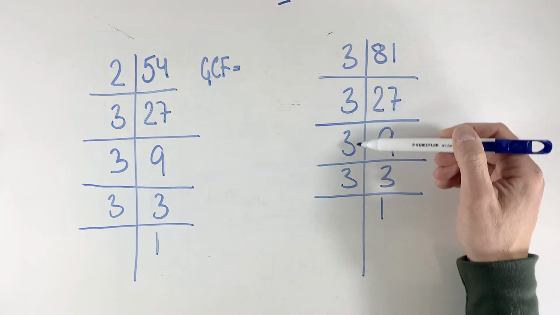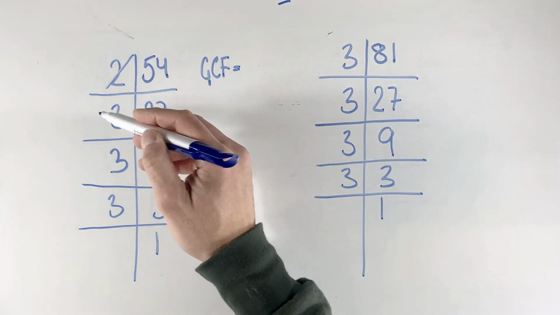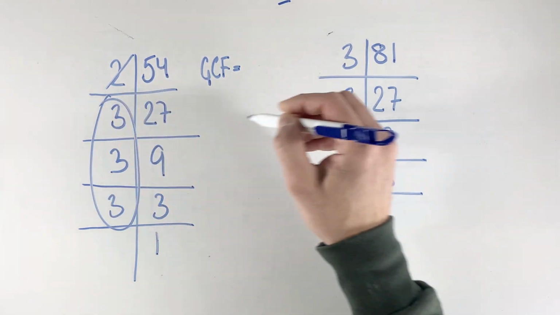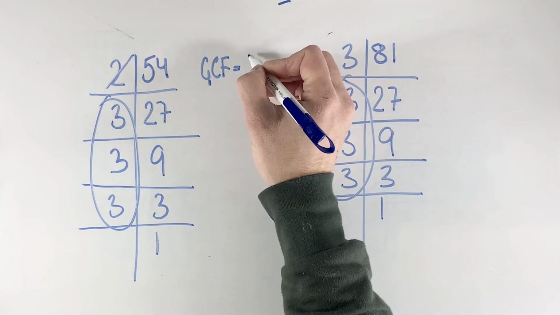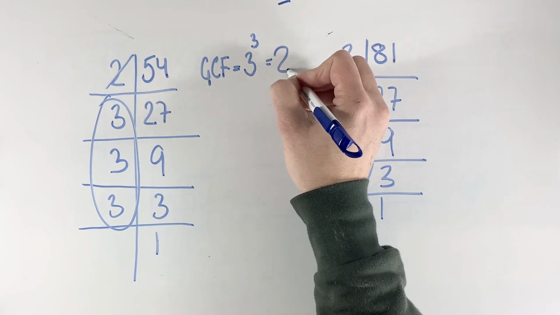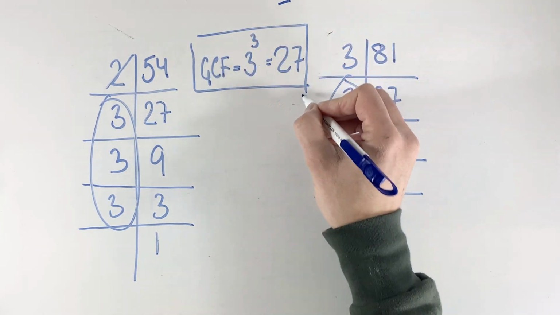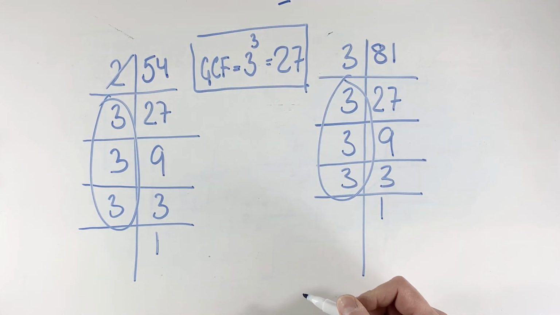So all of the prime factors here for 81, they are 3. So the 2 is not in common, but 3 of the 3s are. So it's going to be 3 cubed, which is 27. So our greatest common factor for 54 and 81 is 27.